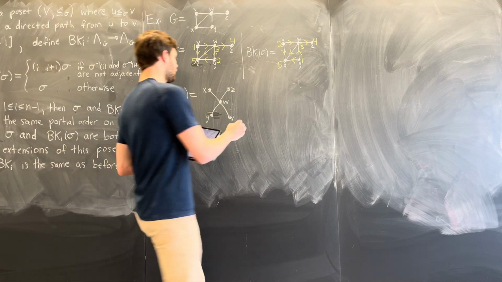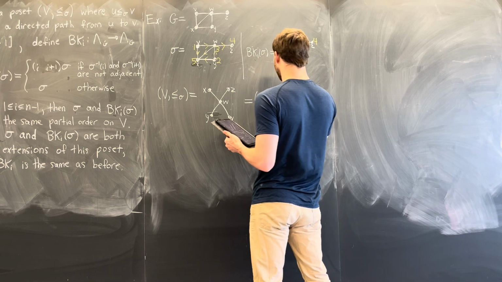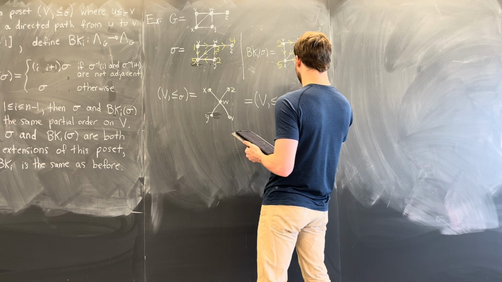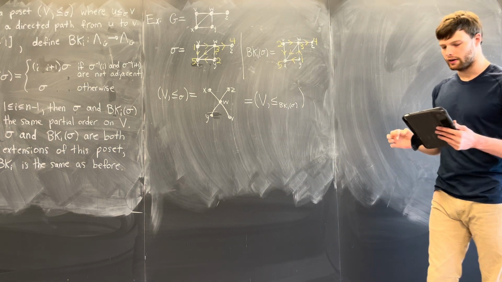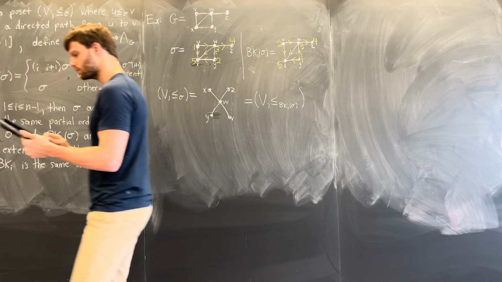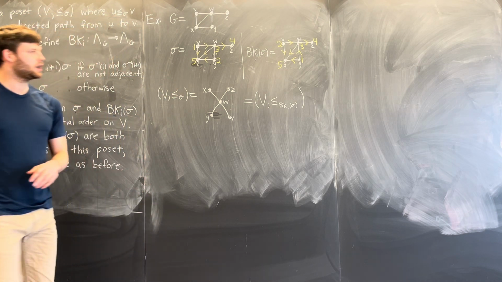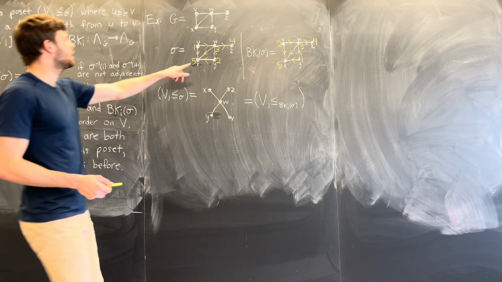And this is also exactly the same as the poset that you would get induced by bk sub 1 of sigma, if I use this, because they're the same acyclic orientation. And so then you can see that if I thought of this as a linear extension, I'll just draw the labeling here.